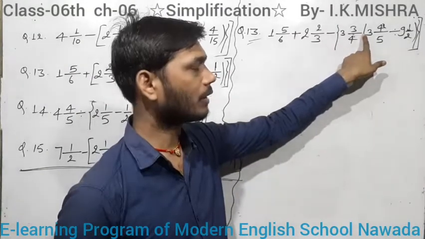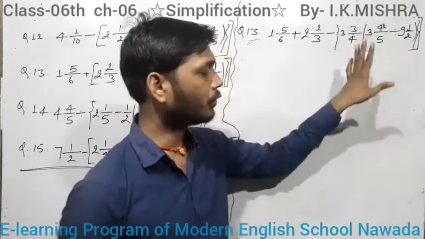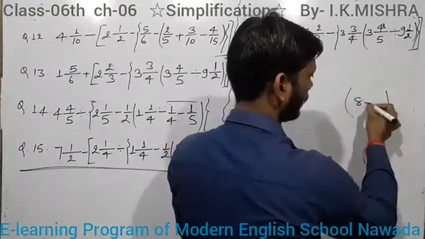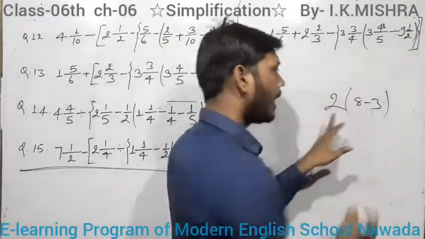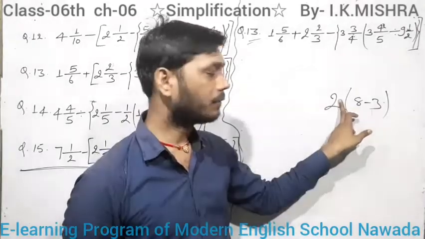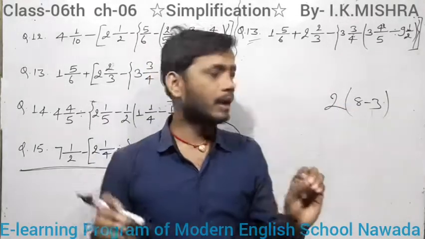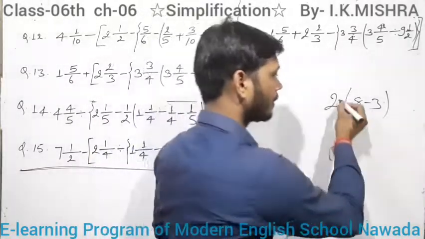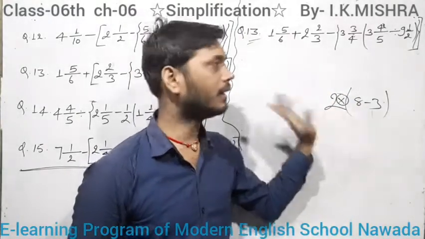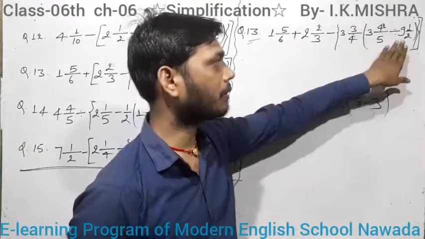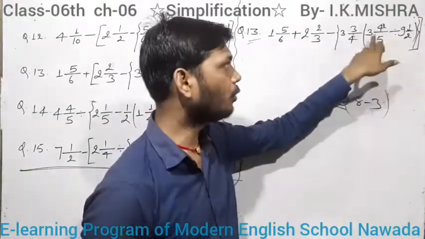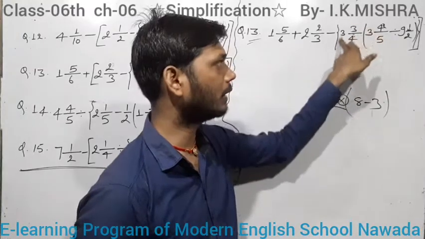And students, as you know, if no sign is given, suppose I write 8 minus 3 and 2 and no sign is given before the bracket, then you understand that a multiplication sign is hidden. So after completing the operations in this bracket, do the multiplication with this.